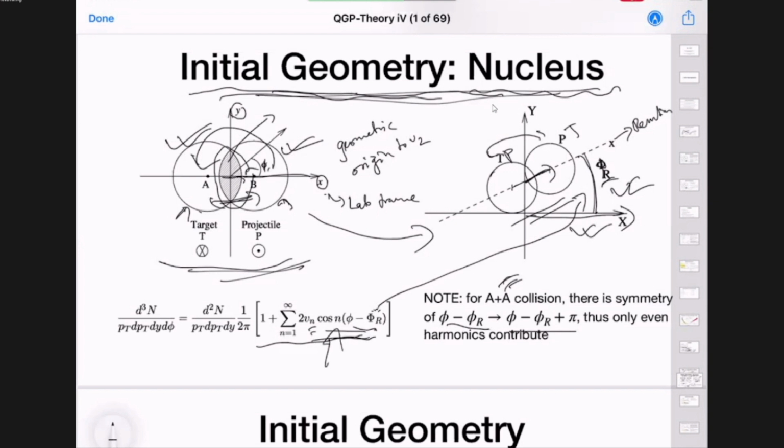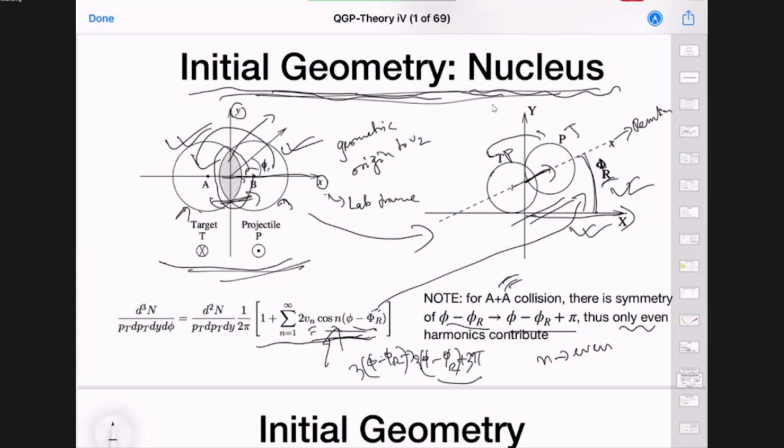So then what you expect is that only even n's will contribute. Because if it is an odd n, then when you take phi minus phi r to phi minus phi r plus pi, suppose you are multiplying with 3, then you are also putting here 3 pi.